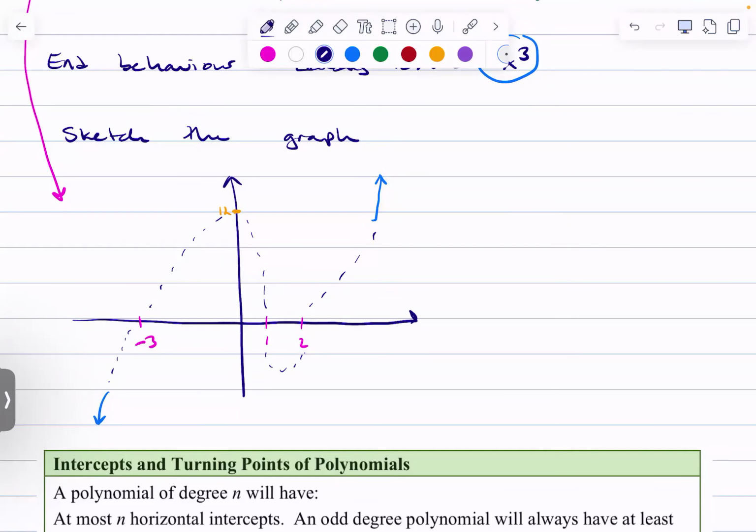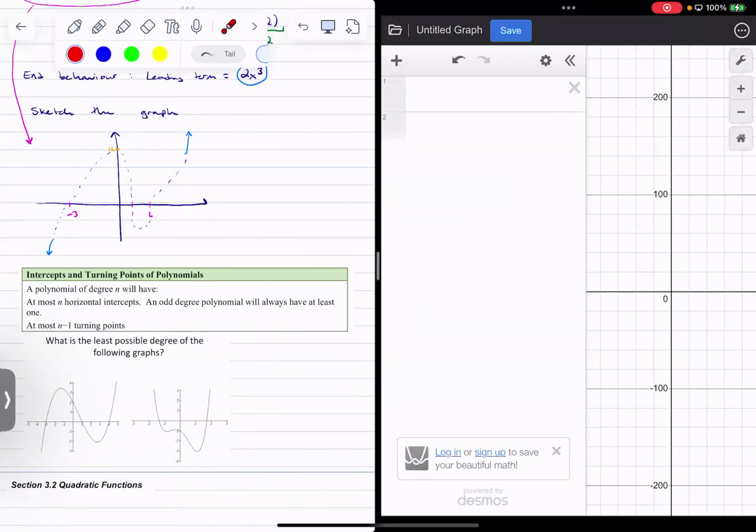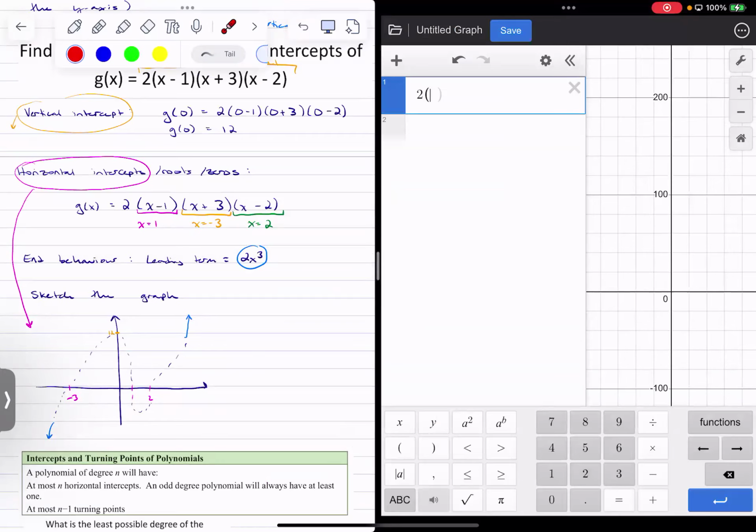We can check it. Let's see how far off I was. Well, I kind of bungled it. But let's see. Where's it? Here. Oh, it was a different one. 2 times x minus 1 times x plus 3 times x minus 2.